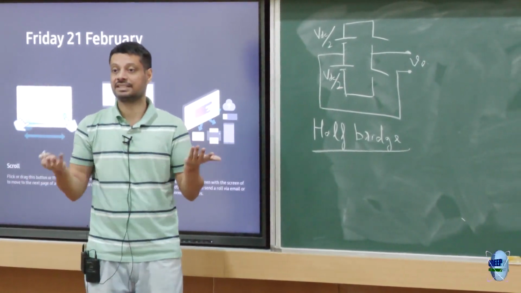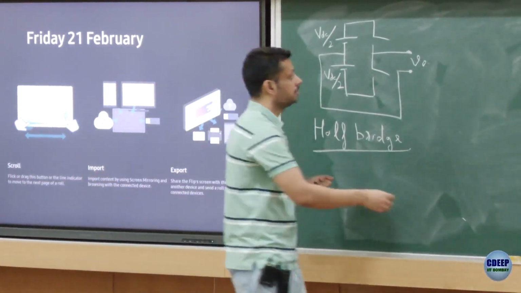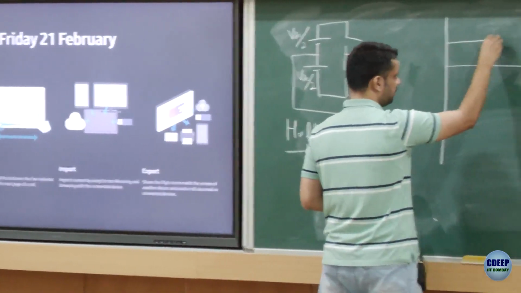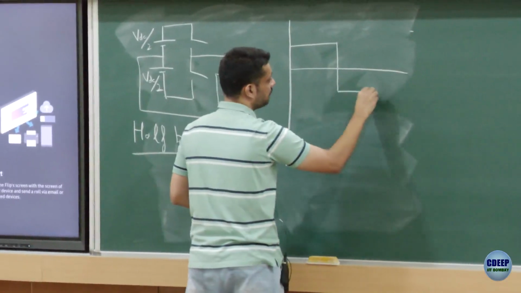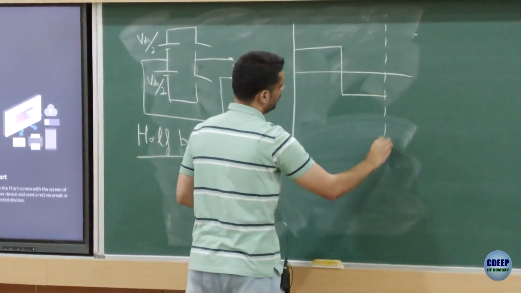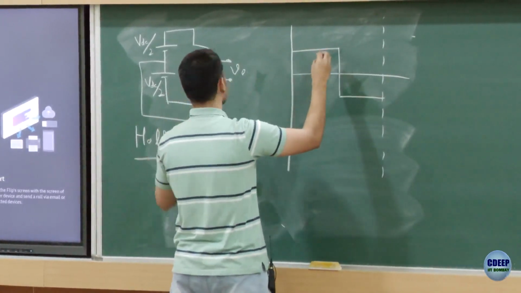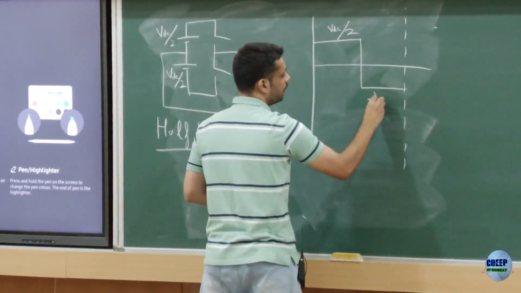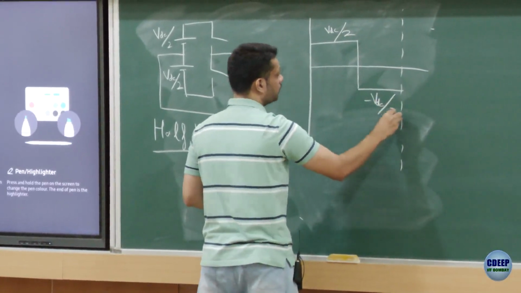Both states are active states. You can have plus, you can have minus, you cannot have zero. Instead of plus VDC, now it is plus VDC by 2, and minus is minus VDC by 2.